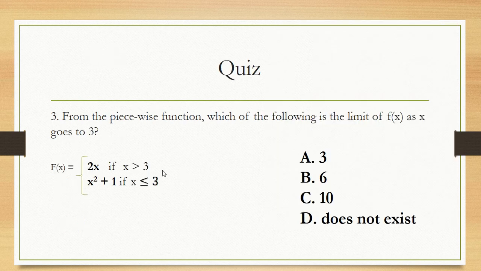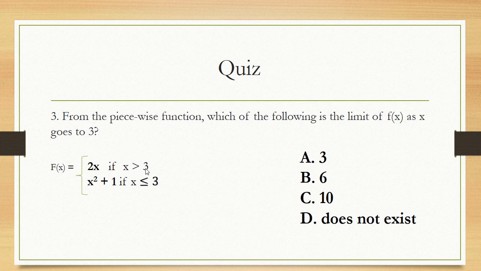And for number 3, from the piecewise function, which of the following is the limit of f of x as x goes to 3? Kung ang x daw goes to 3, that means ang x from the right and x goes to 3 from the left. So from the right of 3, yung x is greater than 3, ang ating f of x ay 2x.